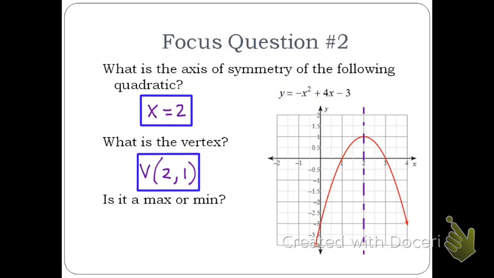So x equals 2, the vertex is at 2, 1, and we need to identify if this is a maximum or a minimum. Now again, this is like the top of the curve, so that is going to be another case of a maximum.